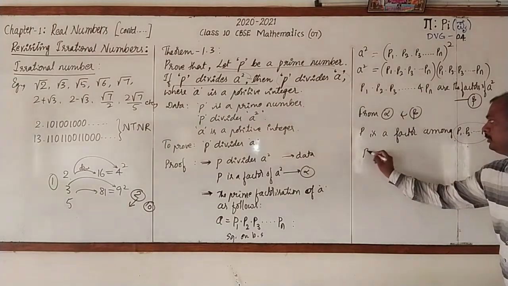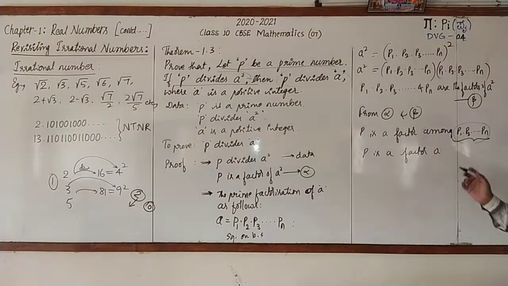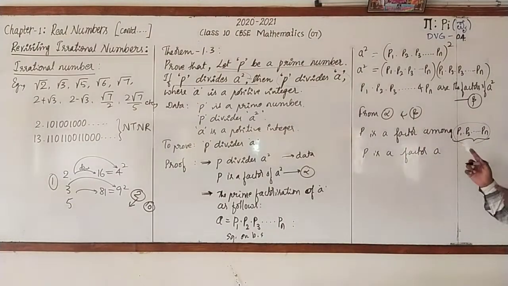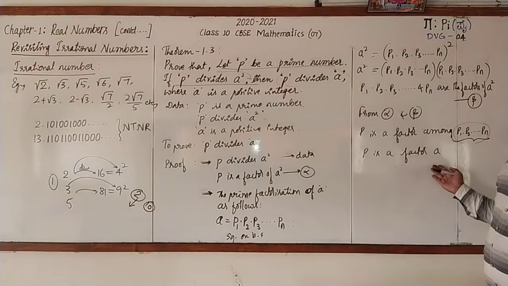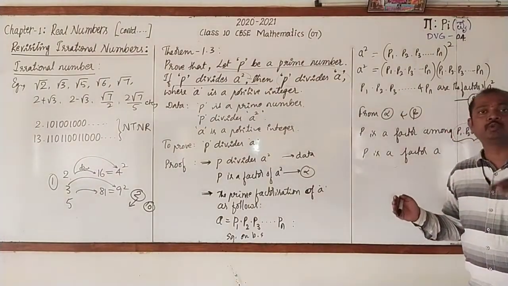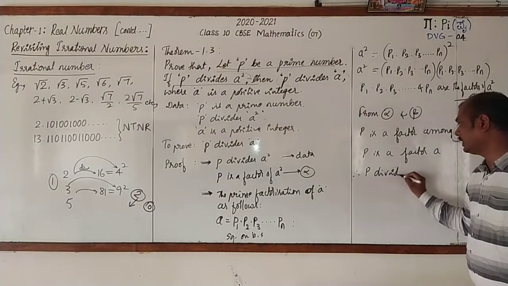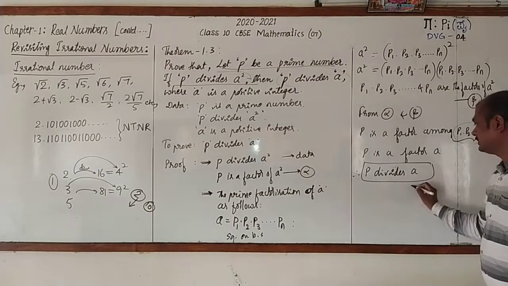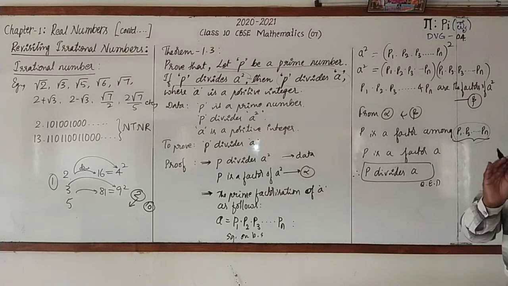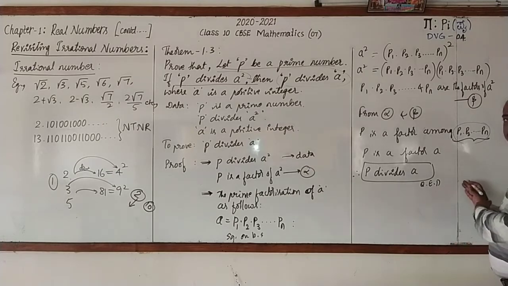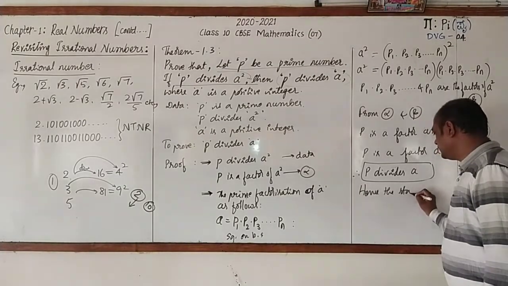Then can we say that P is a factor of A? Is it not? If P is a factor of A, then P divides A. If 2 is a factor of 10, 2 divides 10. So, therefore, P divides A. Hence it is proved. QED, quod erat demonstrandum. That means, hence the statement is proved. Or else you can also write, hence the statement is proved.